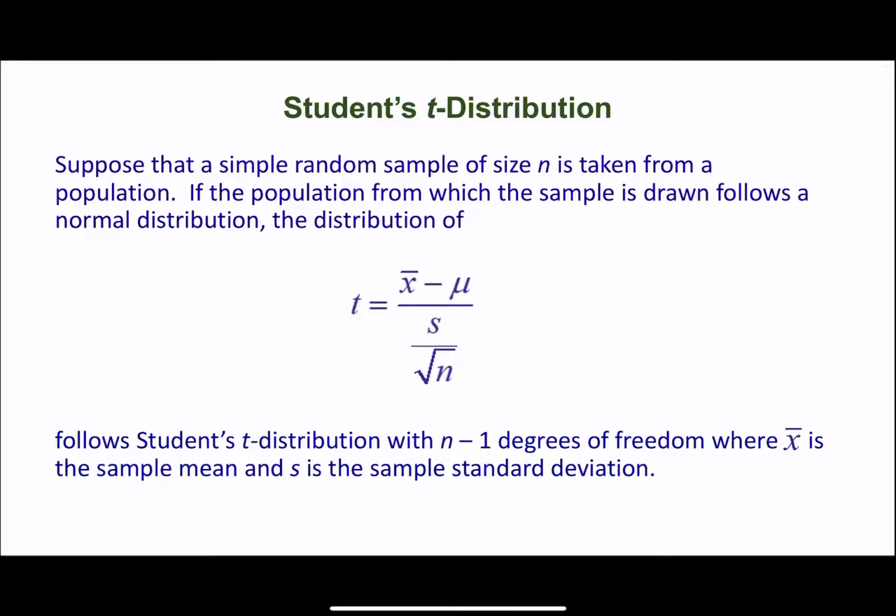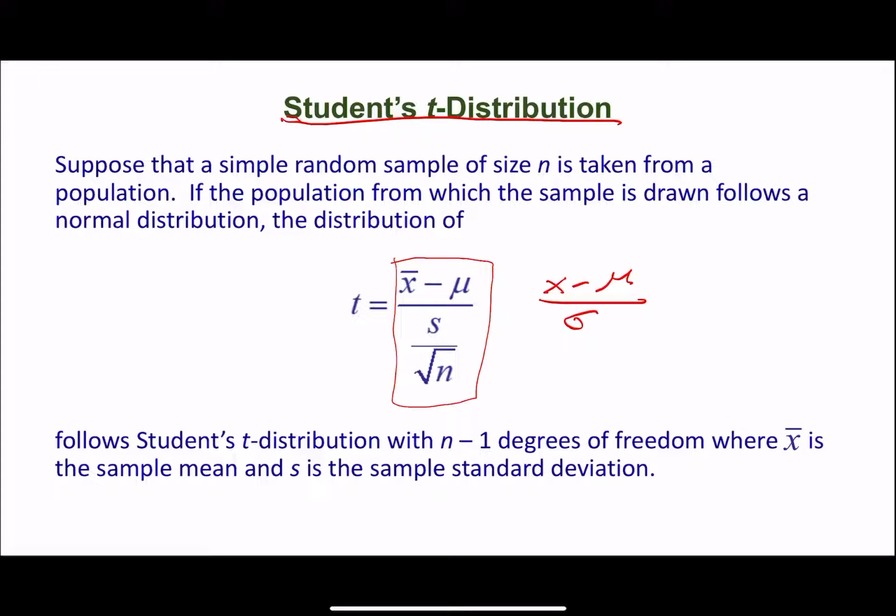So suppose that a simple random sample of size n is taken from a population, so we're talking about a t-distribution. If the population from which the sample is drawn follows a normal distribution, the distribution of t is this right here. So this is kind of like finding a z-score. So remember our z-score, we would do x minus mu over sigma.